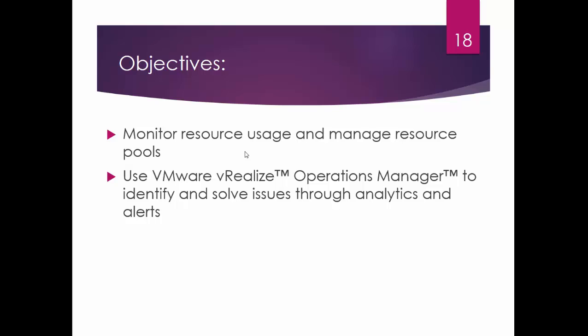DRS will automatically grab the memory from other virtual machines which are not using it at that time and give it to that machine which really requires it at that time. And as long as it requires that, the DRS will provide that memory. That's called ballooning. And then when the virtual machine doesn't need it, it will give that memory back virtually to the other machines from which it borrowed that memory.